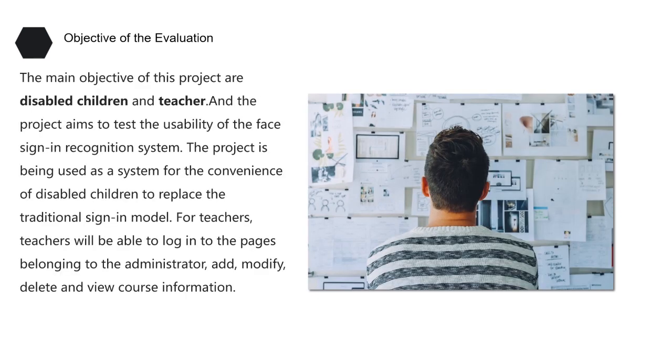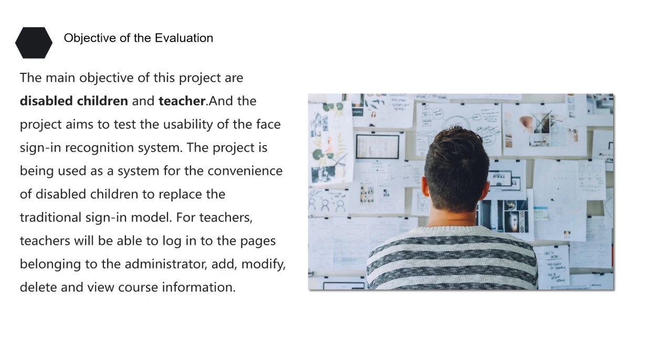For the objective of the evaluation, the main targets of the project are disabled children and teachers. The project aims to test the usability of the face attendance recognition system.